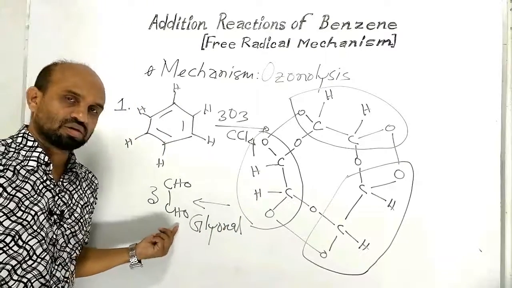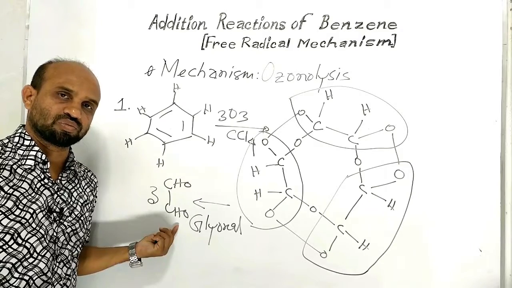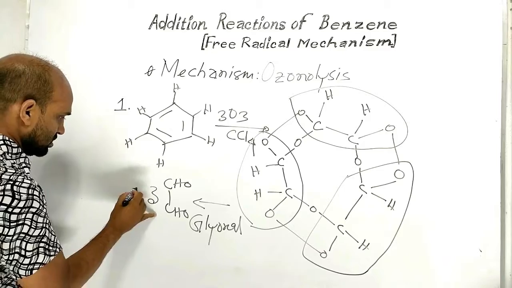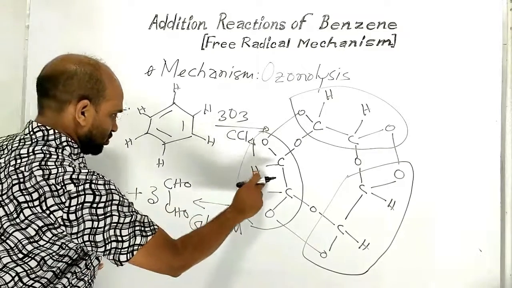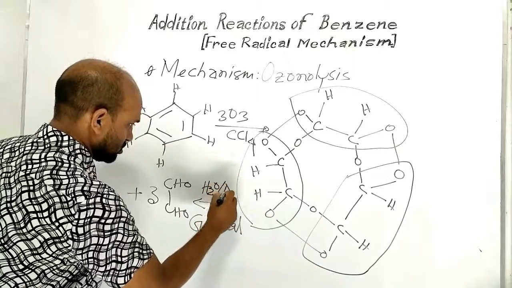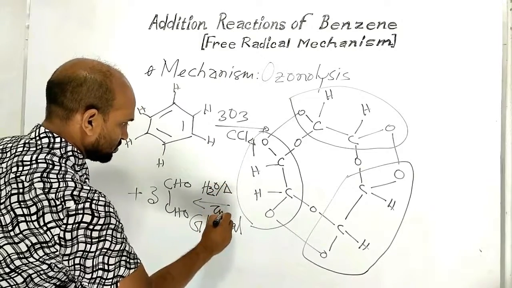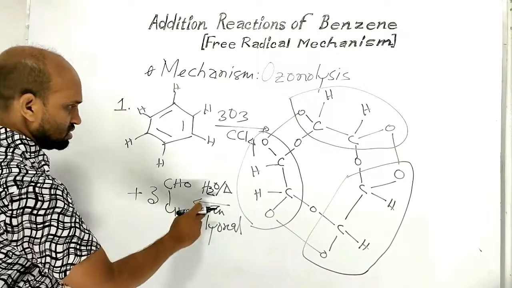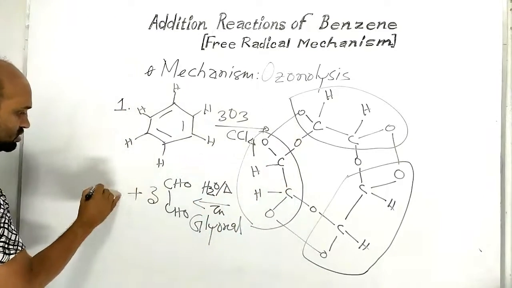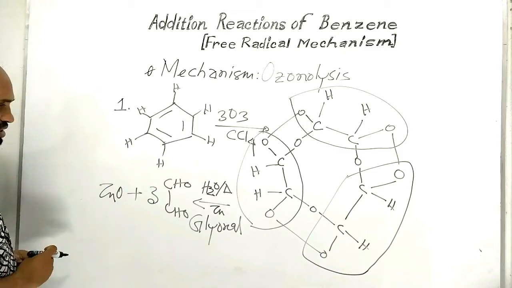This is the lowest molecule of dialdehyde, and this molecule is hydrolyzed with warm water in presence of zinc. This zinc combines with oxygen to form zinc oxide.